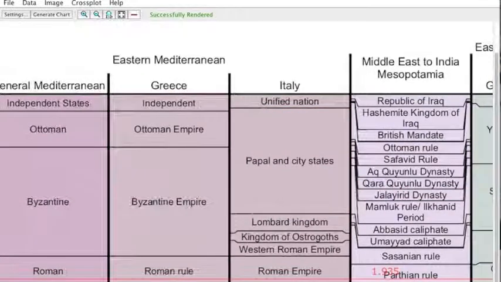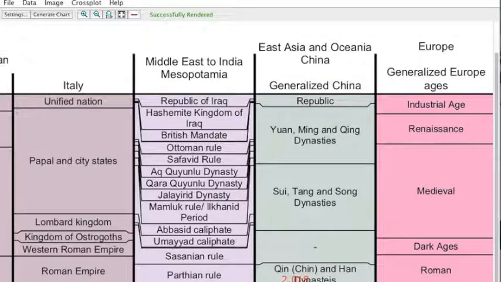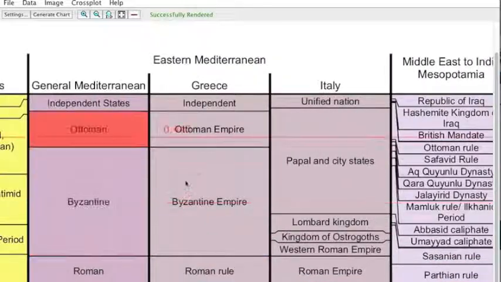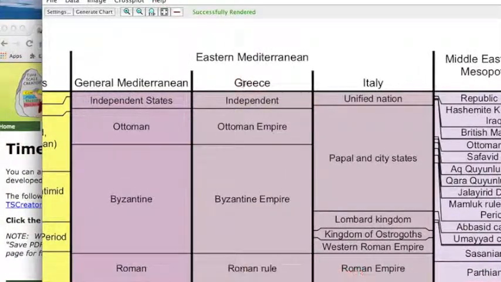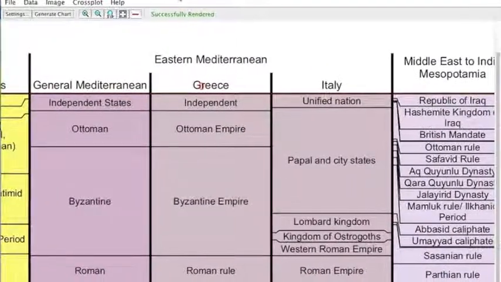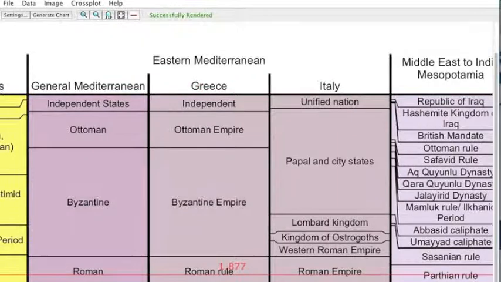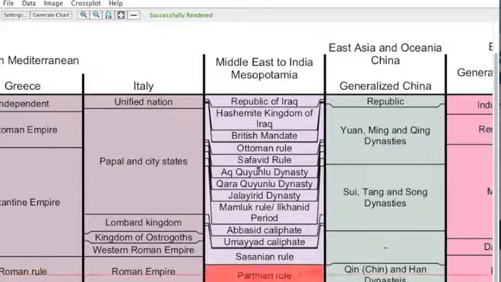What about the Middle East? Oh, the Middle East, as you can see, because of this Ottoman emperor, I think we have a detailed era there, and there are very frequent changes in the Middle East. How many kingdoms did they have?